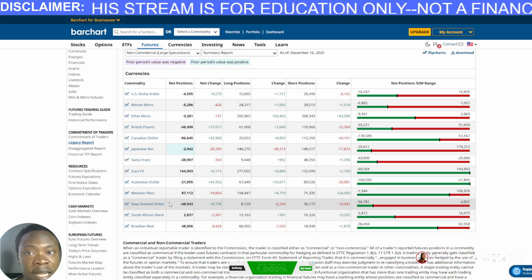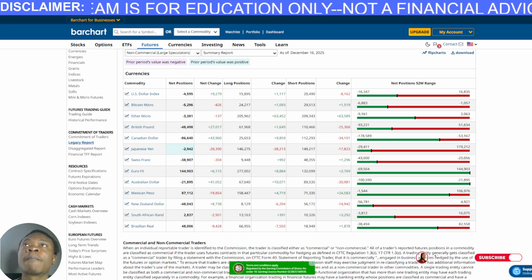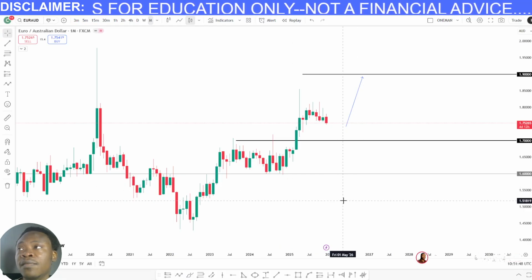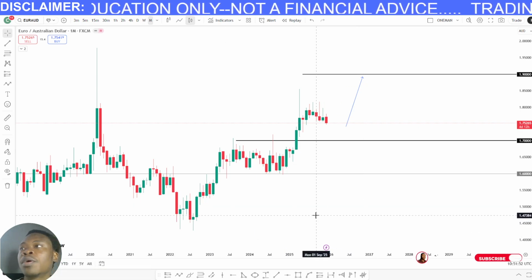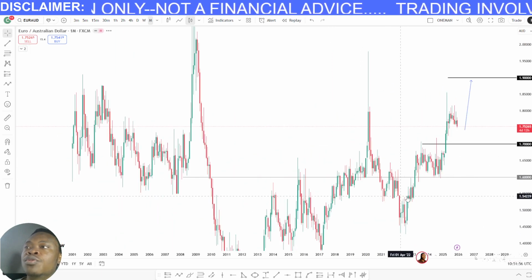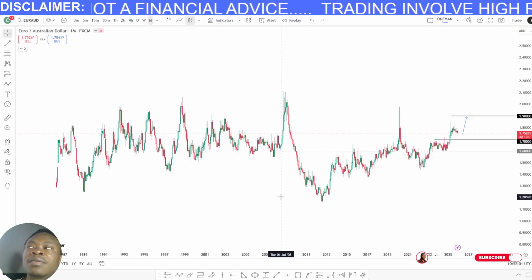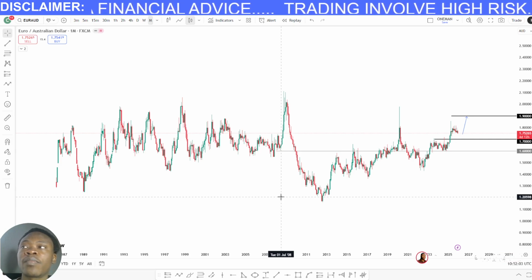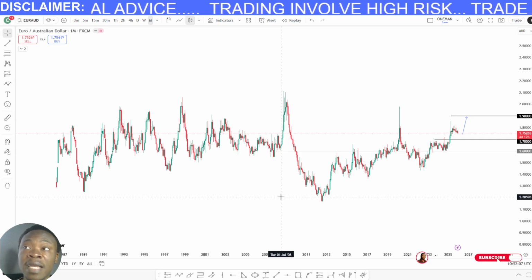Now let's go to the chart so we look at what is happening technically. We are starting from the monthly and we are on EURAUD. When we zoom in on the chart, one of the characteristics of this pair is that it is very, very clean.